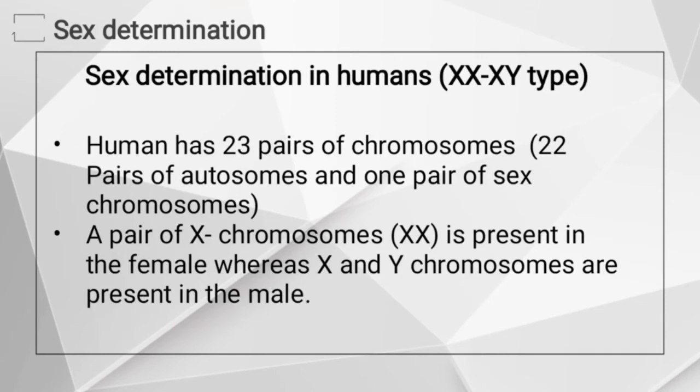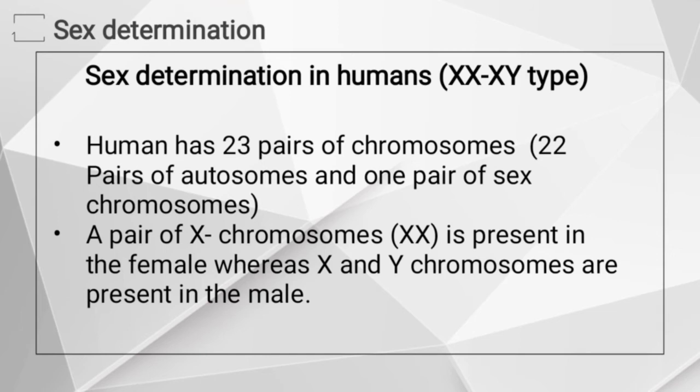Next, a detailed study of sex determination in humans. In humans, the sex determination mechanism is XY type. In humans, there are 46 chromosomes, simply called 23 pairs of chromosomes, in which 22 pairs are autosomes and 1 pair is a sex chromosome.